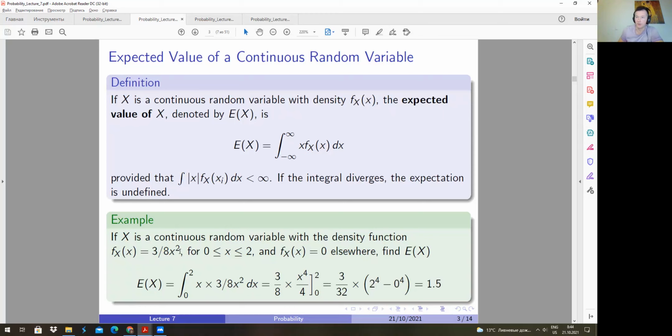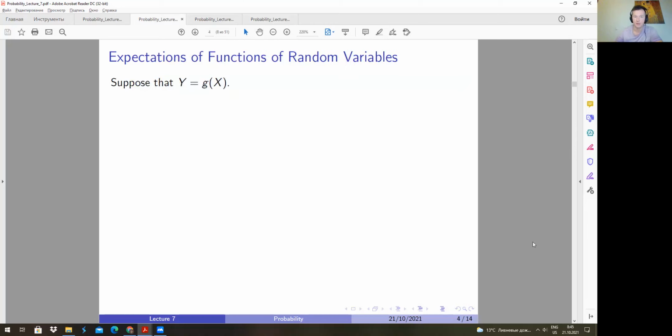I think it's not that difficult, right? You just know the definition of expected value, you apply this definition, and then you calculate it. So, one step ahead. Suppose that we have some function of a random variable. So we have y, a random variable, which is a function of x. Any function: x squared, logarithm of x, x cubed, whatever.